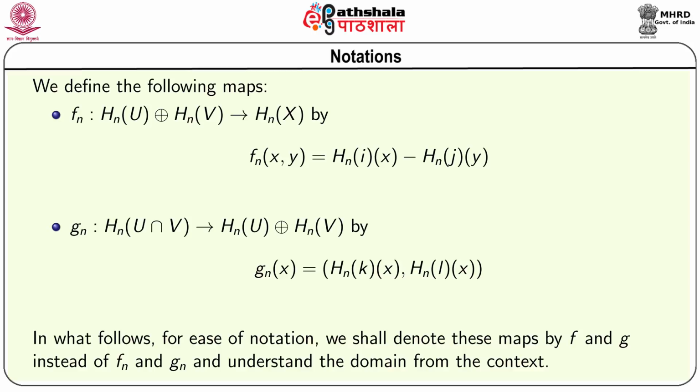And another map g_n from H_n (U intersection V) to H_n U direct sum H_n V, and it is defined by g_n x is equal to (H_n k of x, H_n l of x). In what follows, for ease of notation, we shall denote these maps by f and g instead of f_n and g_n, and understand the domain from the context.